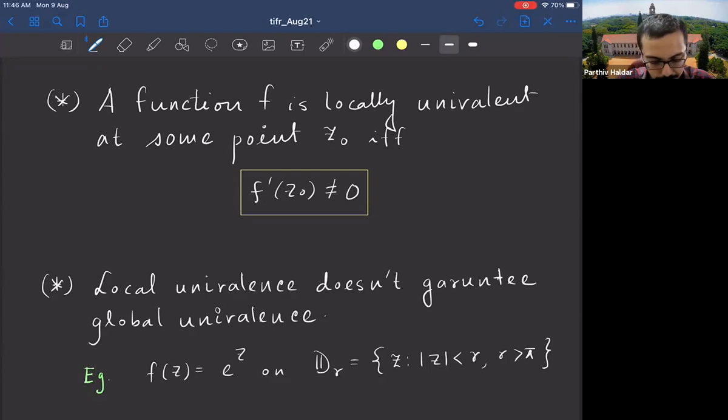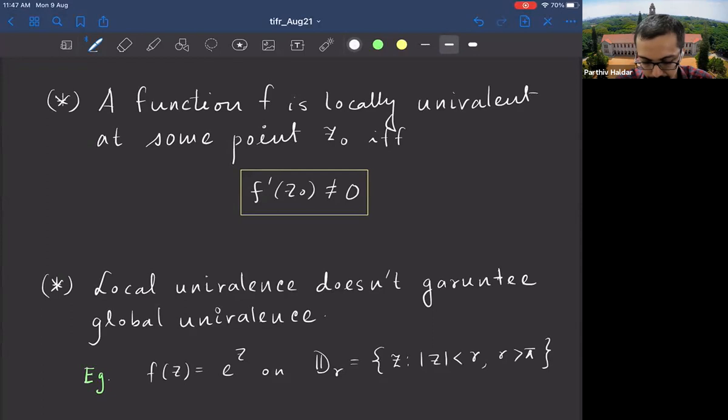But local univalence does not guarantee global univalence, in the sense that even if a function is locally univalent at every point of the domain, that does not necessarily mean the function is globally univalent over the domain. One simple example is f(z) equal to e to the power z, where you consider the domain to be a disk of radius r, with r greater than pi.